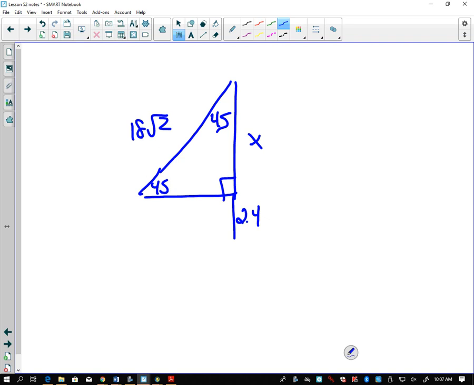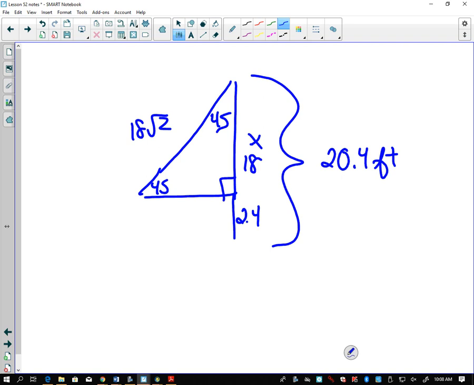Well, that's actually pretty easy because the relationship is 1, 1, radical 2, correct? So what's x in this case? Should be really easy, right? 18. Correct? Okay. So if I want to know this whole height, what do I do? Add 18 to 2.4, right? What's the answer? 20.4 feet.